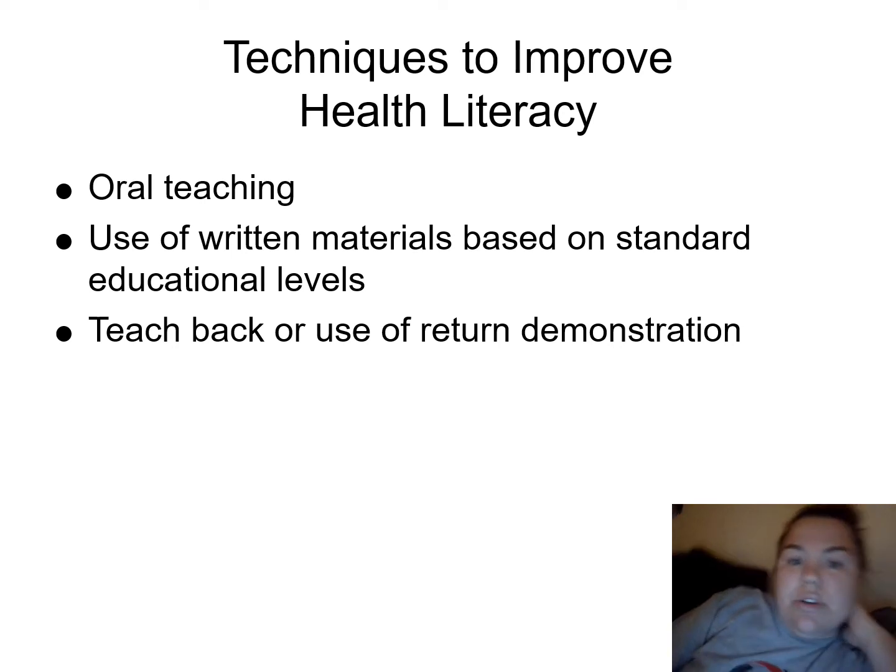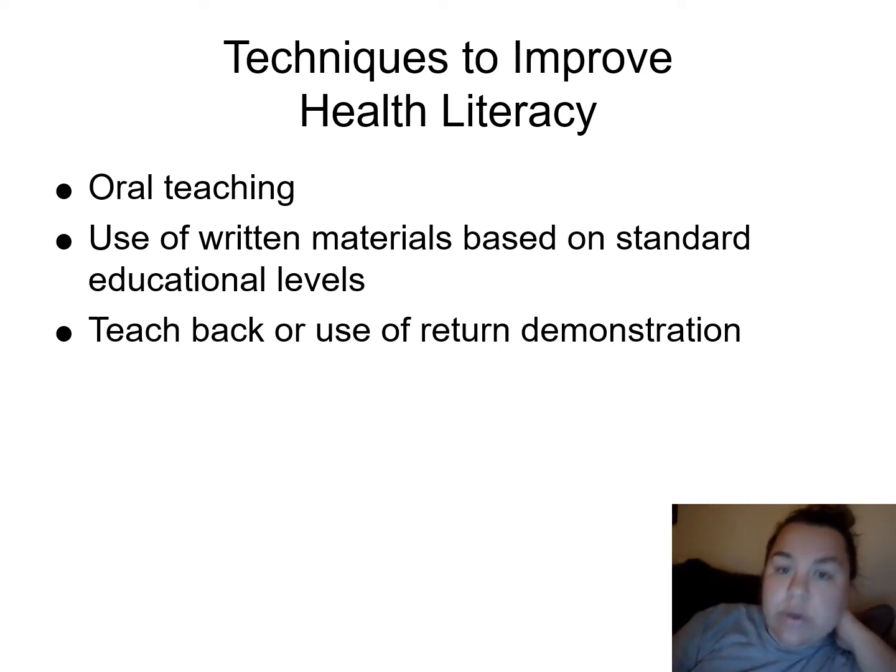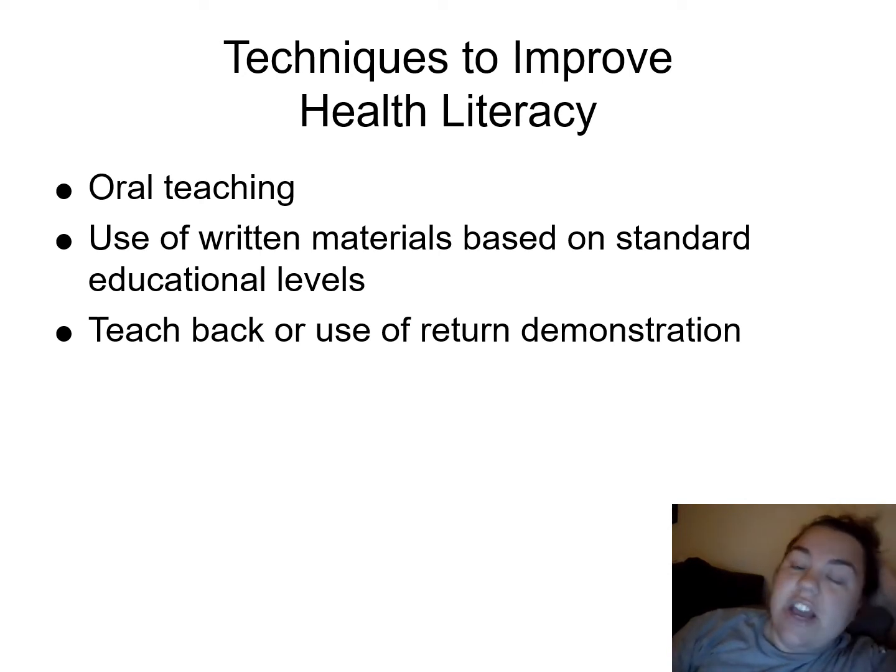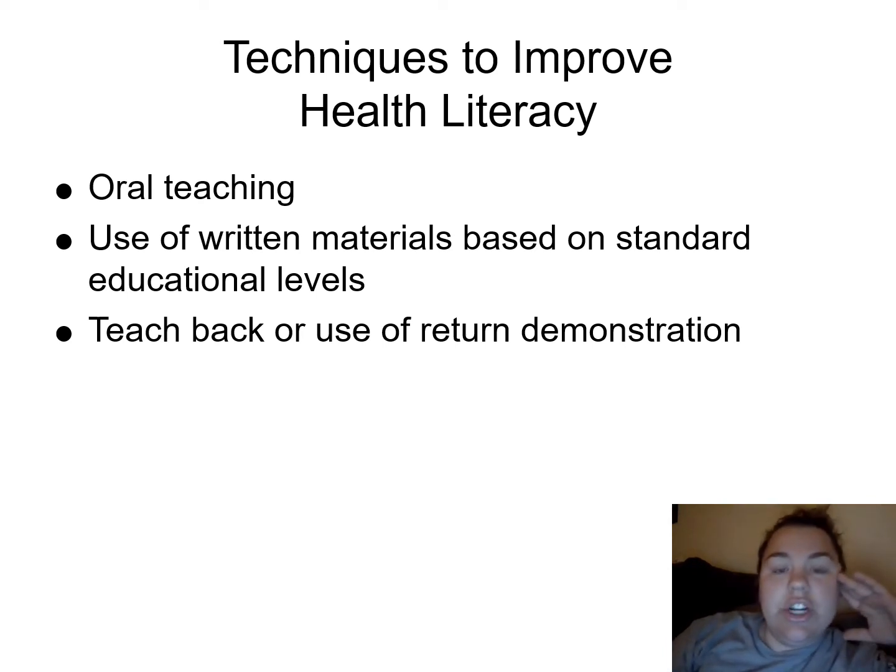Techniques to improve health literacy are oral teaching and using written materials based on the standard educational levels. What does that mean? Make sure it's 3rd to 5th grade level, just very plain words, layman terms. And teach back, return demonstration.